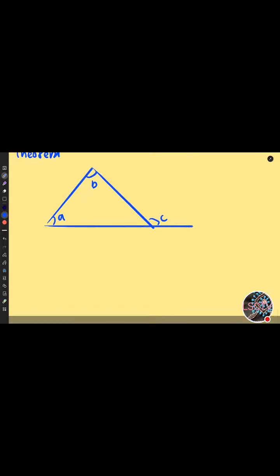Now, problem. Find the measure of this angle.